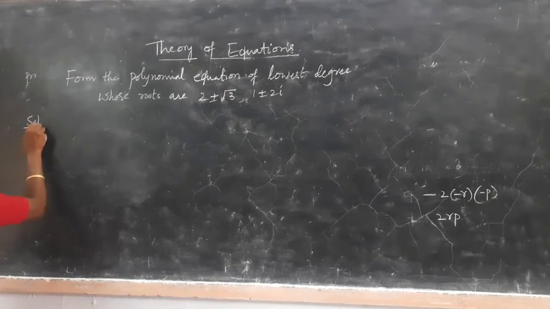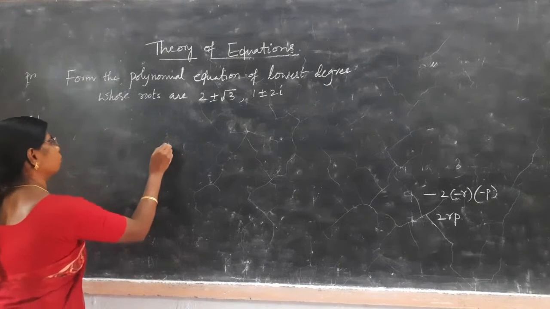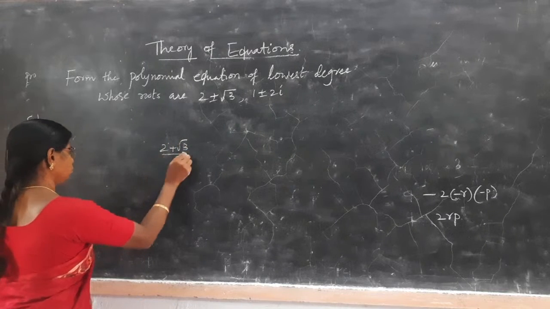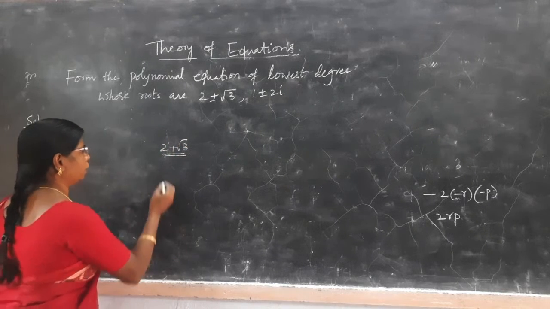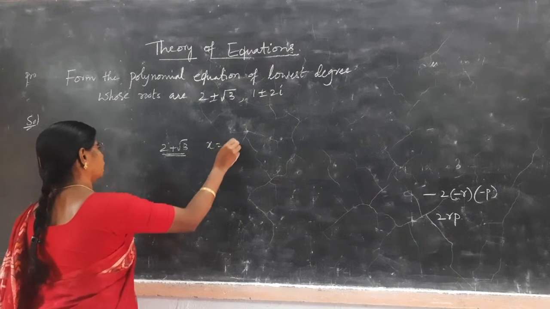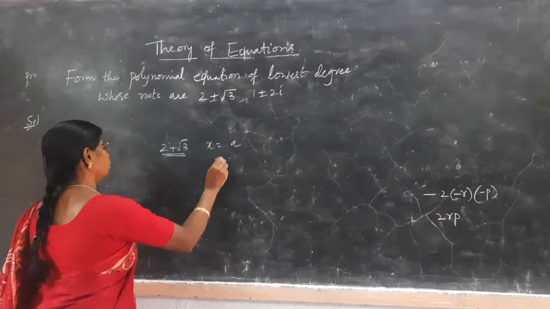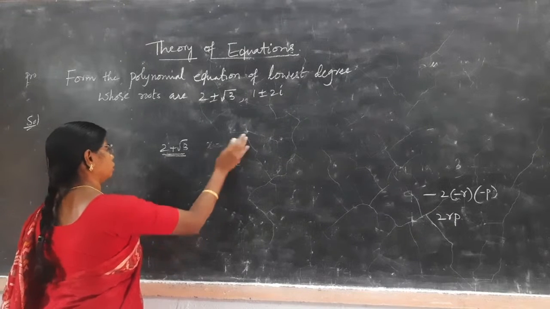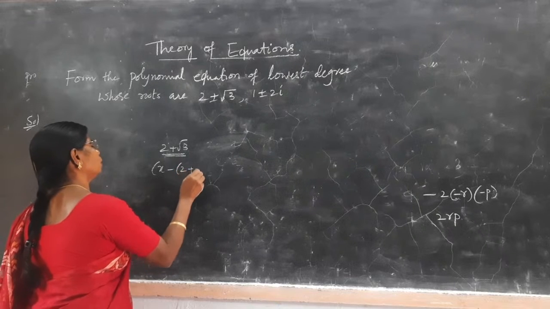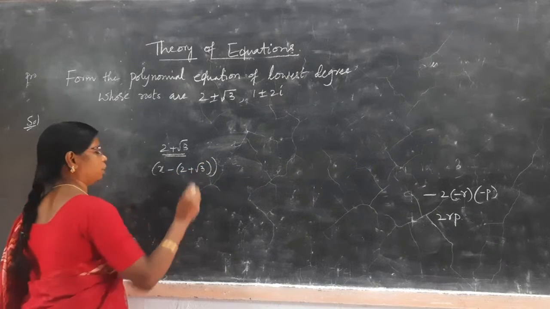How do we find it? Look here, for example 2 plus root 3 is a root. If x is equal to a is a root, what happens? x minus a is a factor of f of x. So x minus (2 plus root 3) is a factor of f of x.